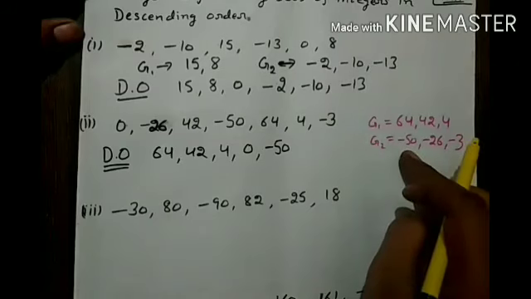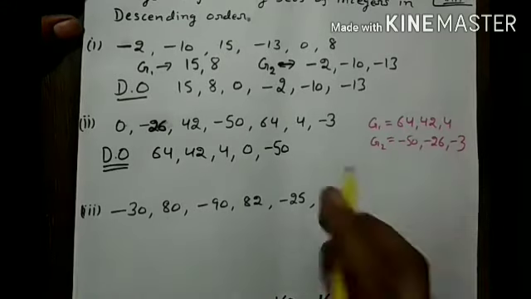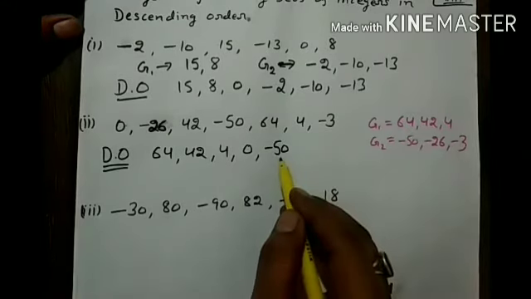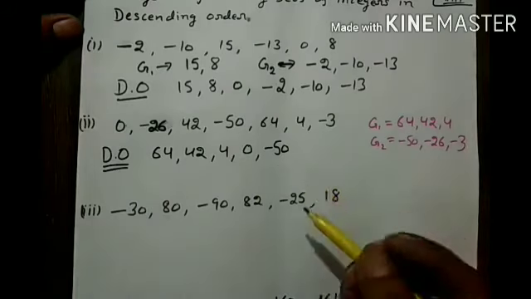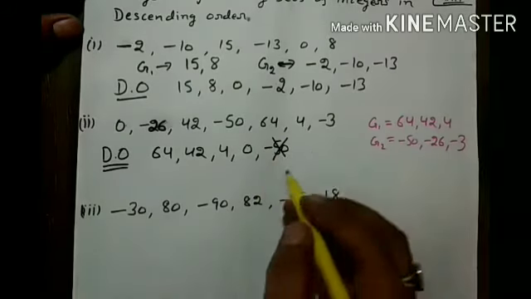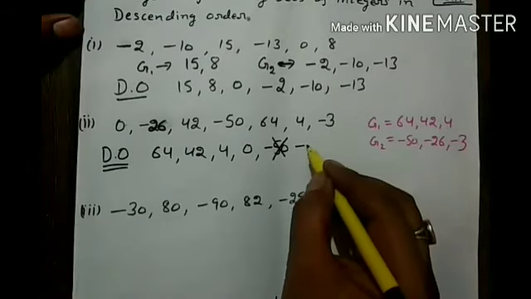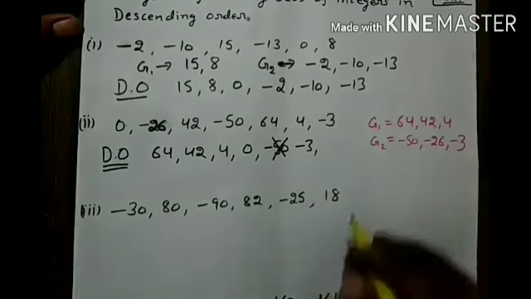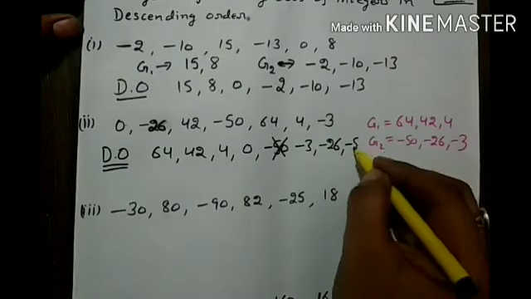-50 has the highest numerical value, therefore this is the smallest. So we will not make this type of mistake now. We will not write this at this position, and we will write -3, then -26 and then -50.